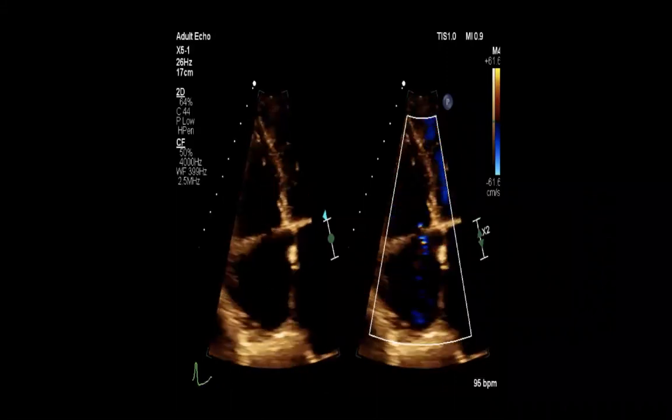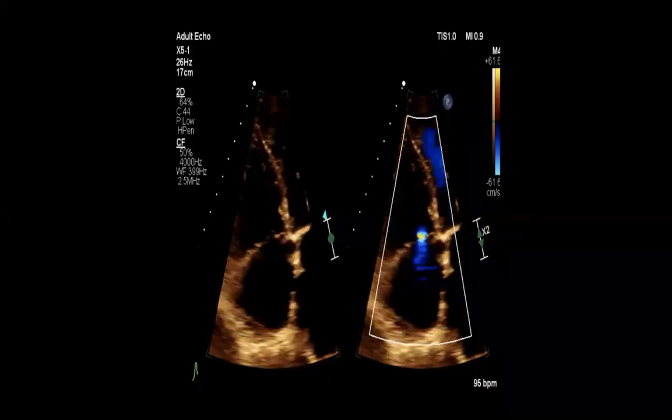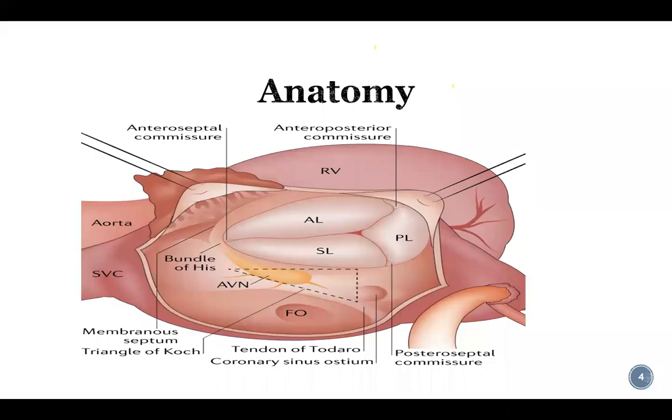In apical four-chamber view, you can notice mild to moderate TR, dilated RA as well. The anatomy of the tricuspid valve is a complex anatomy. It consists of 3 leaflets, anterior, posterior, and septal leaflet, as well as 2 papillary muscles attached to it, RV and RA.